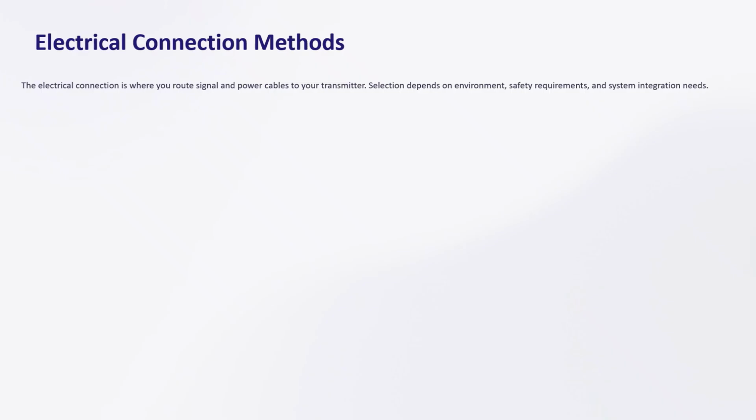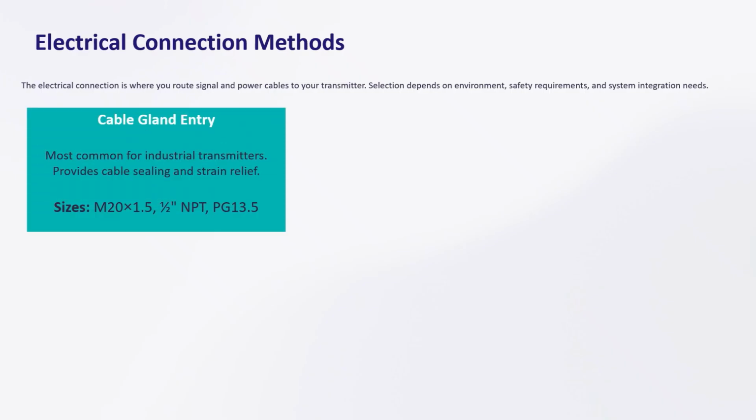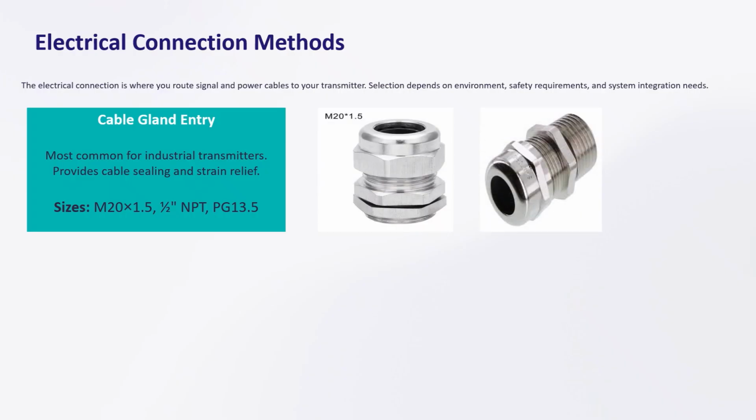A. Cable gland entry, most common for industrial transmitters, and provides strain relief. Sizes M20 x 1.5, half-inch NPT, PG 13.5. These are made of nickel-plated brass or stainless steel. It is commonly used in field wiring with armored or unarmored cables.